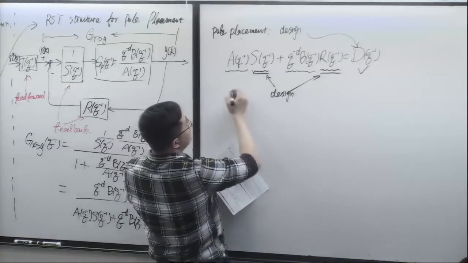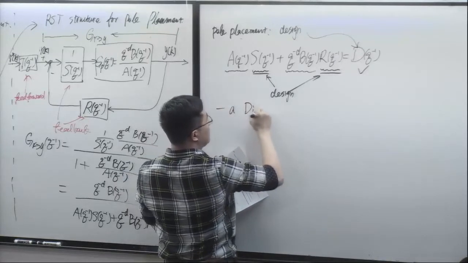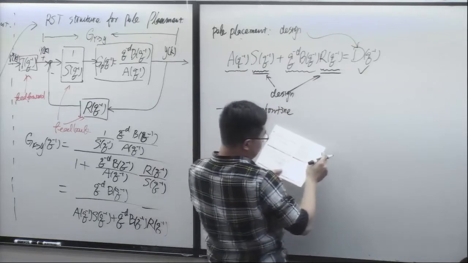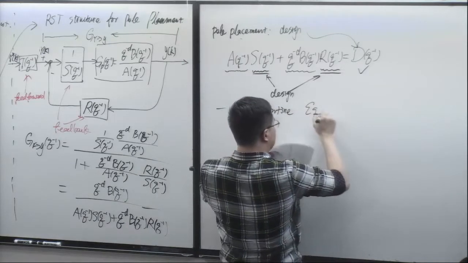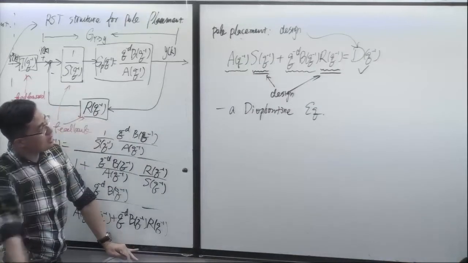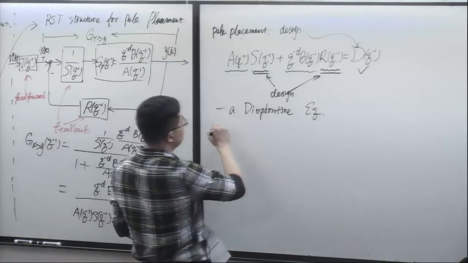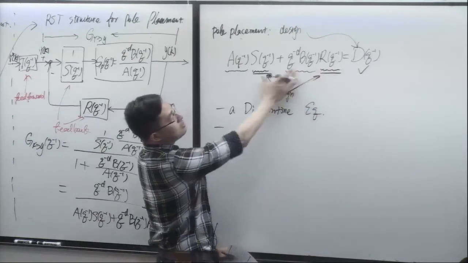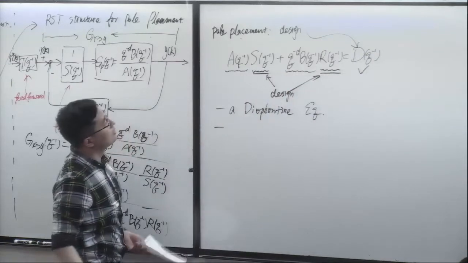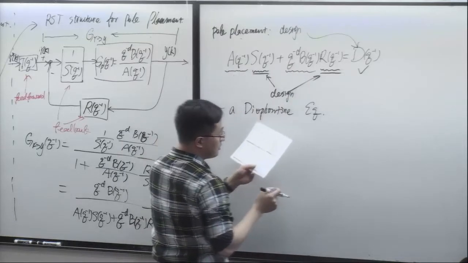So this is indeed nothing but a Diophantine equation. And we know immediately the solution concept from our previous discussions. If the orders of these polynomials are assigned properly, then it will be guaranteed to have a solution if these two are coprime, if the plant is irreducible.